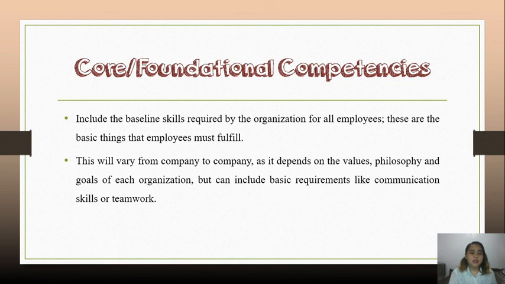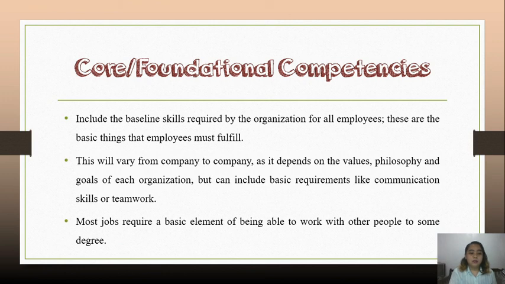This will vary from company to company as it depends on values, philosophy, and goals of each organization, but can include basic requirements like communication skill or teamwork. So most of the jobs require basic elements of being able to work with other people to some degree. So the goal of foundational competency is to reflect in broad competency the strength and the uniqueness of the organization.